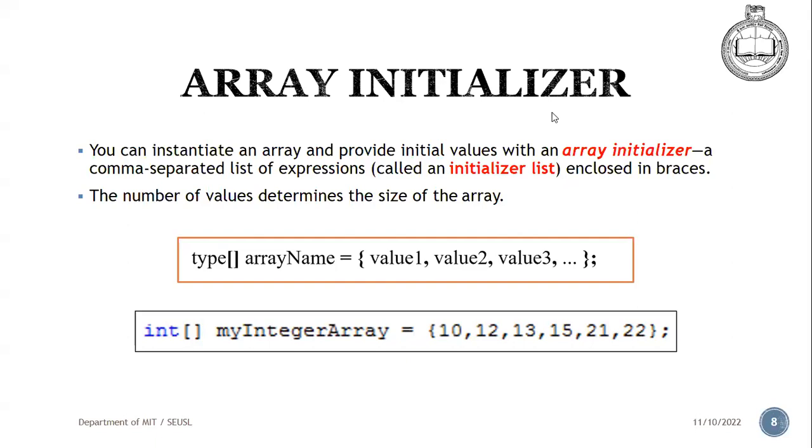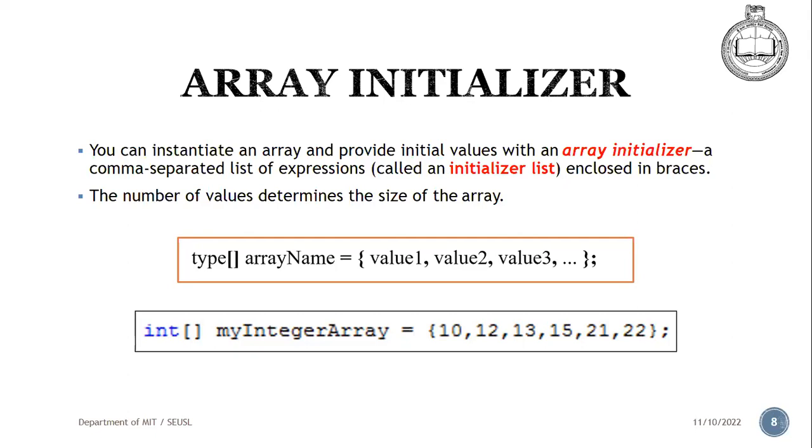Array initializer means it's not that. Are they similar? No. Okay, so array initializer means, normally for the array creation process, we have the array declaration, using the data type and giving a name for the array.